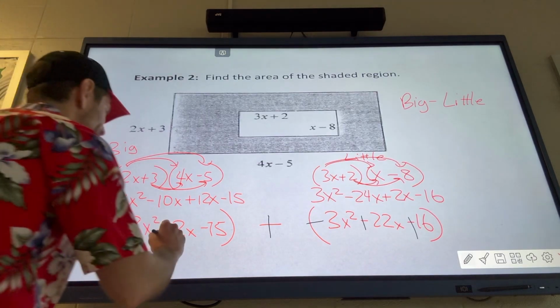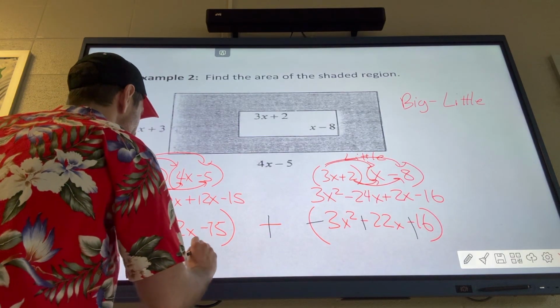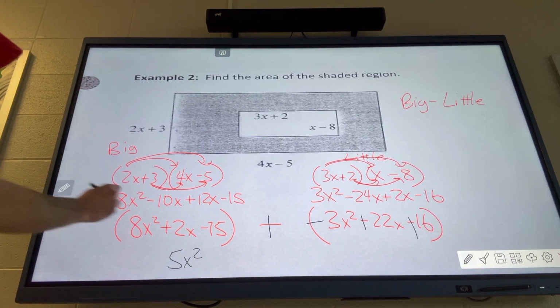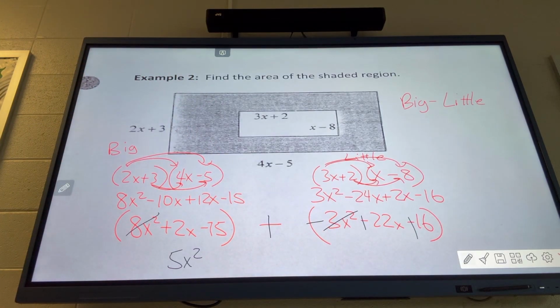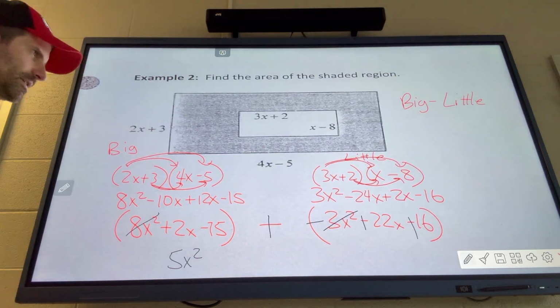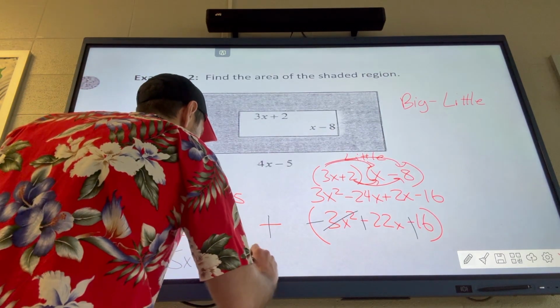We're going to get the x squareds together first, get 5x squared. And then we'll combine the 2x and the 22x to make 24x.